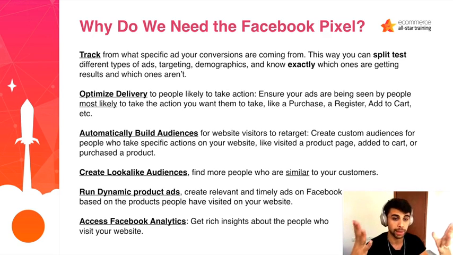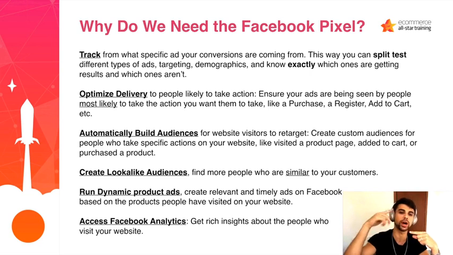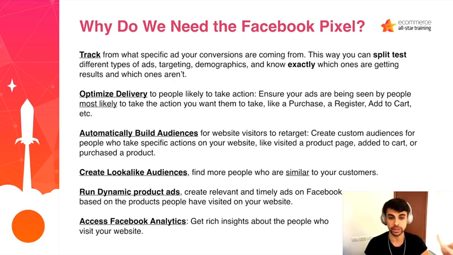You can use it to automatically build audiences, because if, let's say, you build an audience of all the purchases from your Facebook Pixel, that's going to automatically update with every purchase that you get. So it's really, really efficient to build retargeting audiences, and anybody even that added to cart or whatever. You can create lookalike audiences, which is one of the biggest things, where you take a custom audience and build a lookalike out of that.